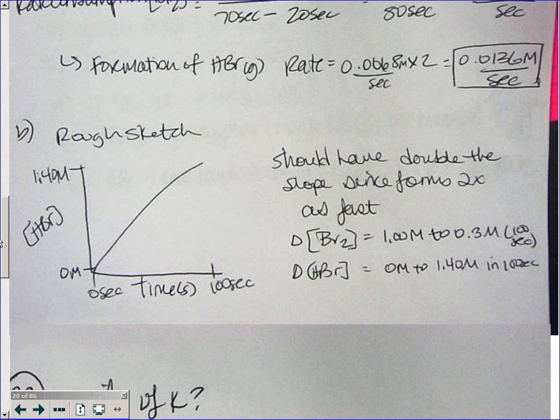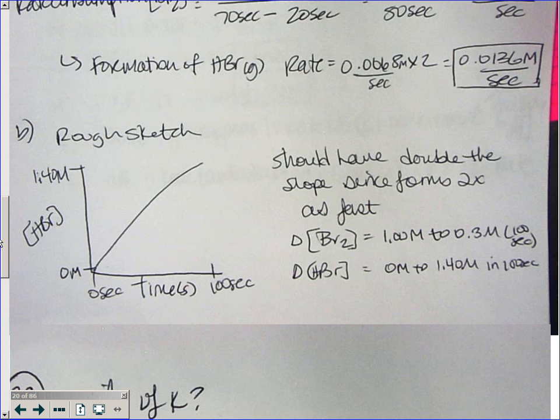Slope from, so this was the HBr concentration, right? So I'm doubling the bromine, so Br2's rate of consumption. Don't have the other graph in front of me, but it looks like that on the board. So whatever the consumption from 1 molar to 0.3 molar, that time difference was, I don't have that right here in front of me, but it should be producing at twice that rate.